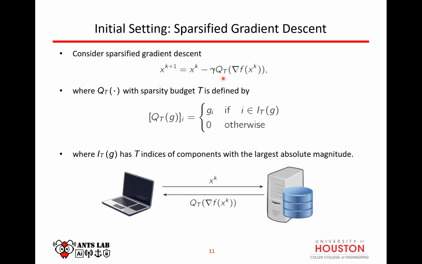Q_T here is your sparsification with a sparsity budget T. This sparsification is defined as: if your element has the largest absolute value, meaning it belongs to the set I_T of g, then you keep the gradient value as is, g_i, or you set it to 0. So you're basically choosing some important gradients alone in your matrix, and that way you're sparsifying the values.